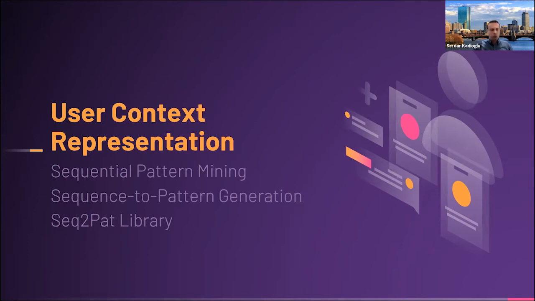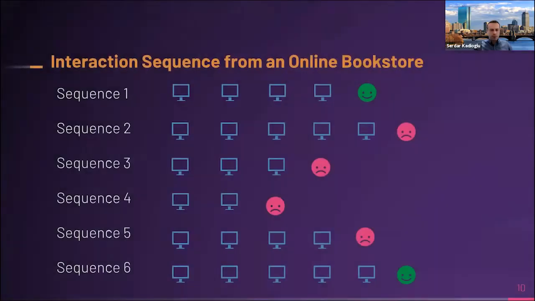For that, we're going to turn to sequential pattern mining and look at the Seq2Pat library. The best way to introduce the problem is to use an example. Consider an online bookstore. I have digital behavior of a number of users here captured as a sequence of web pages or ads that they might be visiting or seeing. Some of these sequences lead to positive outcomes, which could be purchasing a book, and others might not.